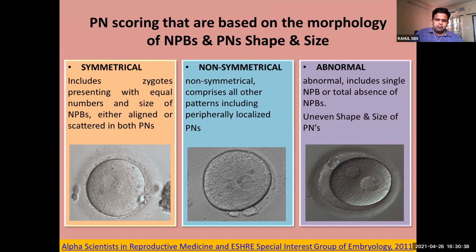The non-symmetrical form comprises all other patterns, including peripherally localized pronuclei, and the abnormal form includes a single nucleolar precursor body or absence of NPBs, with uneven shape and size of pronuclei. Here you can see the pronuclear shape and size is larger than what we see in the normal forms.